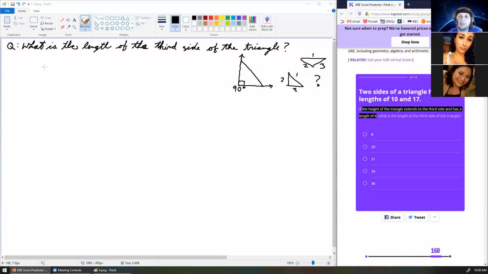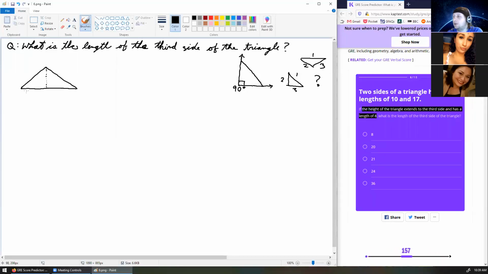So here we go. You have a triangle like this. We have two sides like this, a short side and a long side. And the height is in the middle. Right, the height extends to that third side.